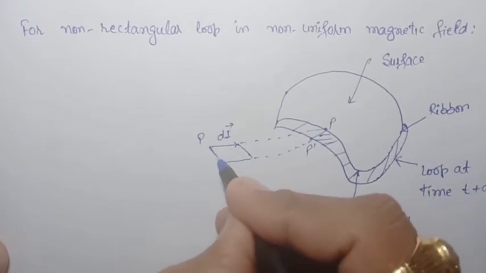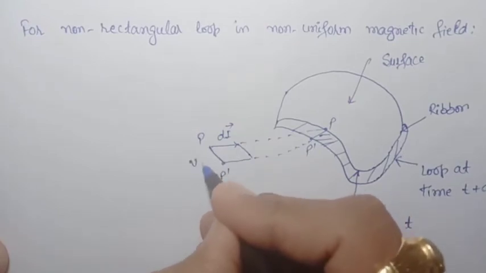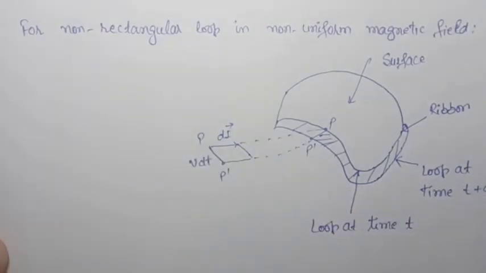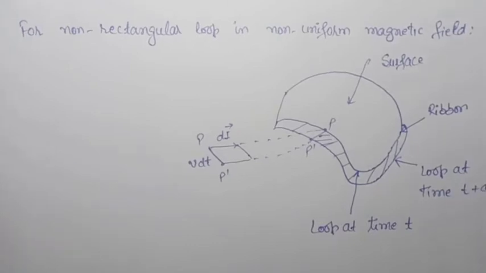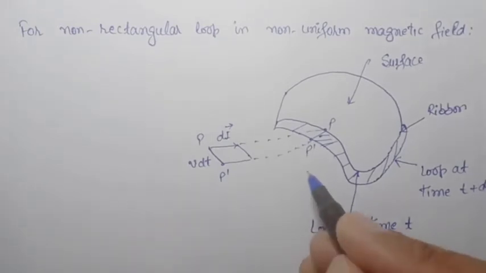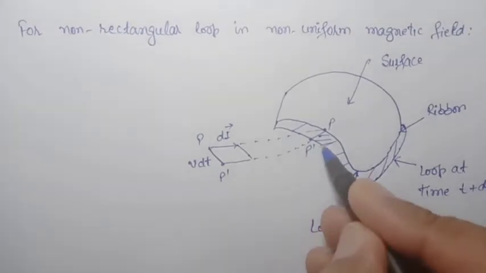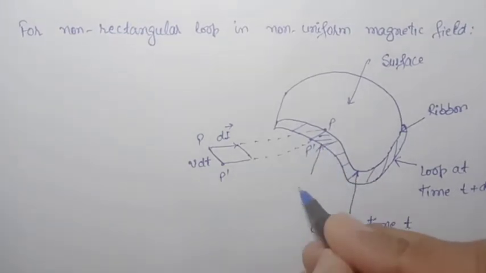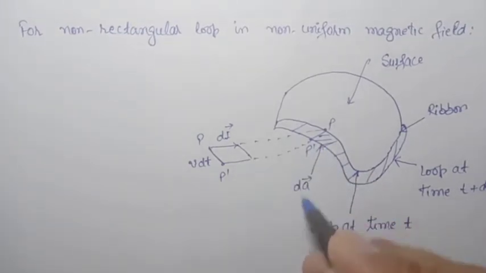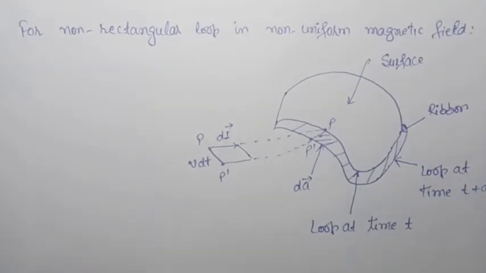A laboratory picture of this is that this portion corresponds to this, and this point corresponds to this point. So this is equal to dl, from point P to P dash, and this part is v dt. Here v is the velocity of the wire and dt is the time taken. Suppose the area of this rectangular strip is dA.